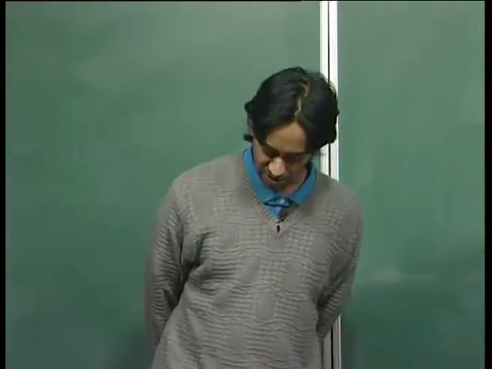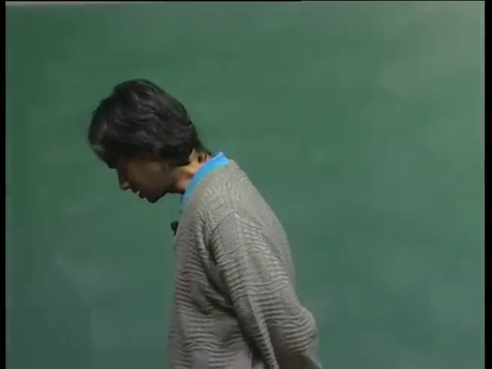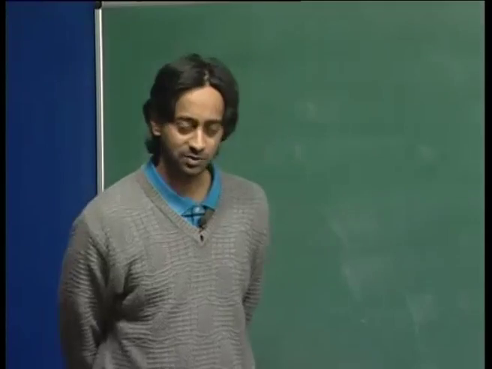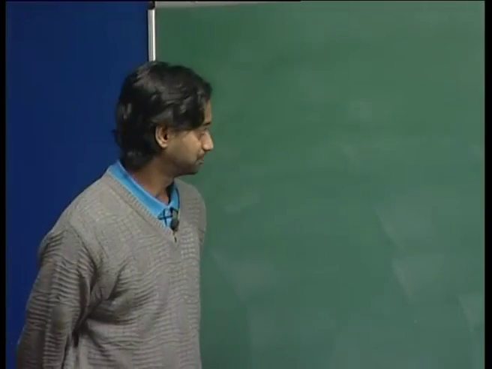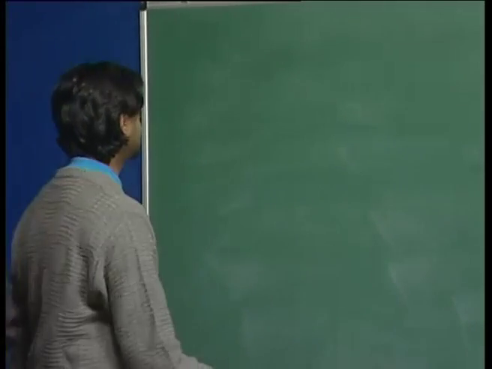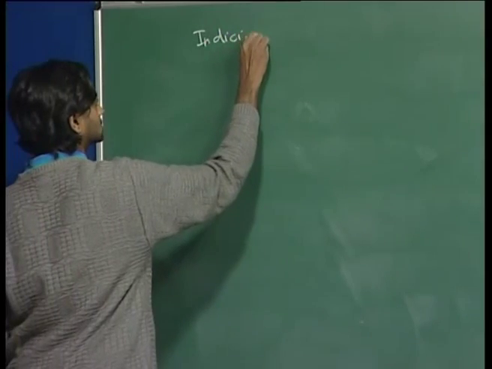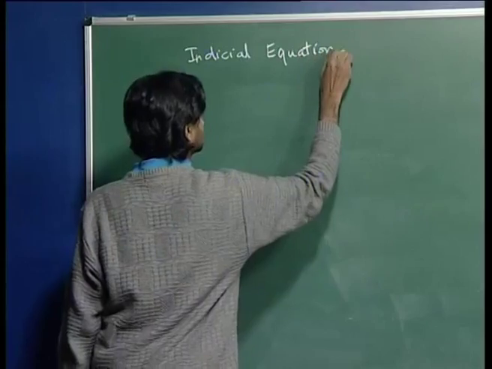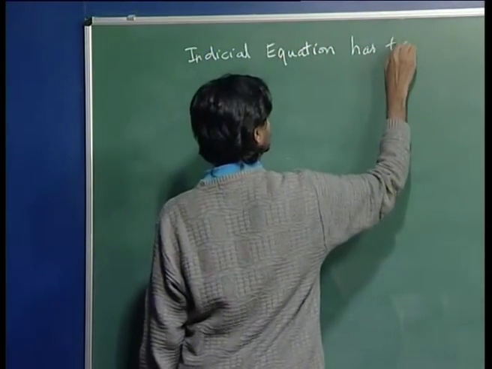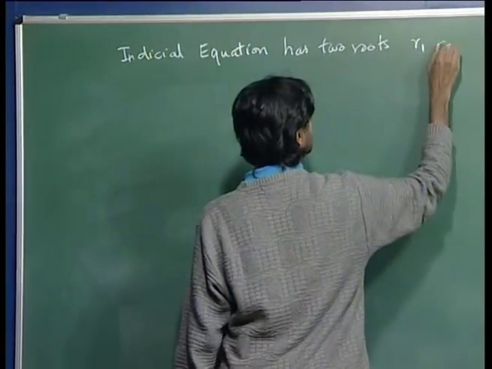I will just mention a few things about the nature of the solutions using the Frobenius method. In the particular case of the differential equation, the Bessel's equation, we saw that r has to be equal to plus minus nu. In general, the indicial equation has two roots, r 1 and r 2.